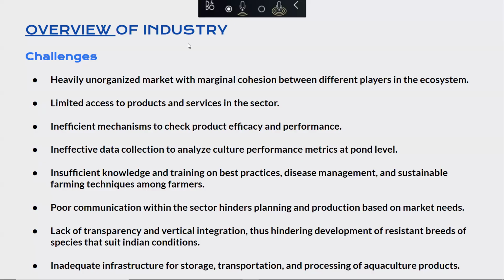Because all the manufacturers or the providers will claim that their product is better. But in actuality, at the farm level, every farm can be different, every soil is different, the weather conditions might be different. A product that works at one farm might not work the same way in a different farm.